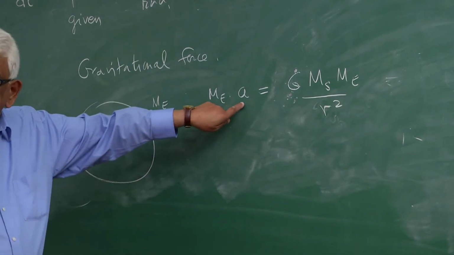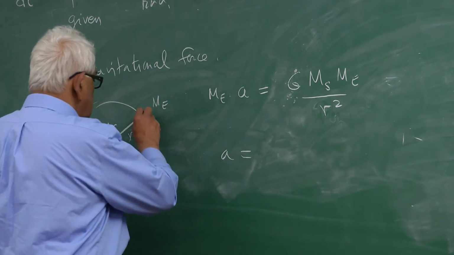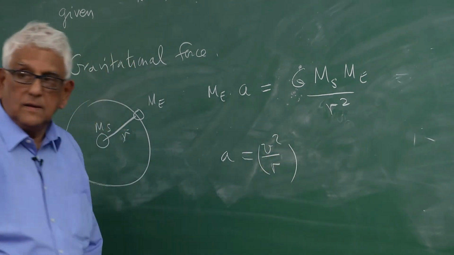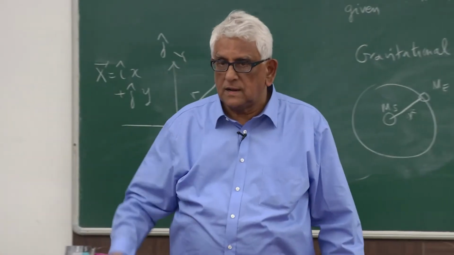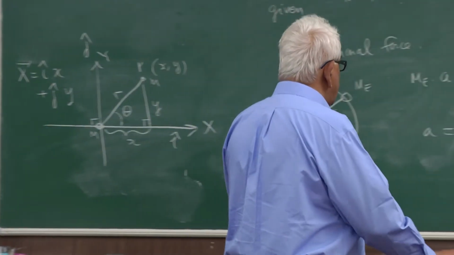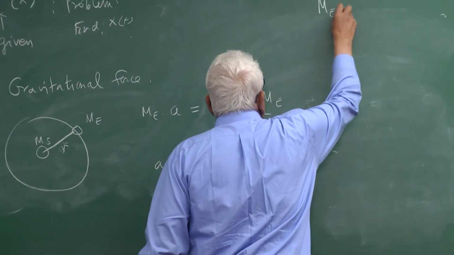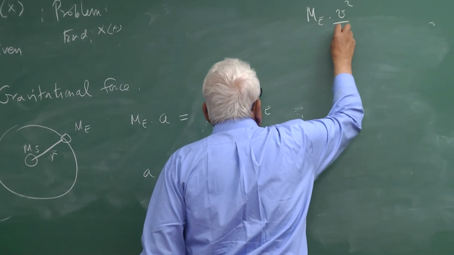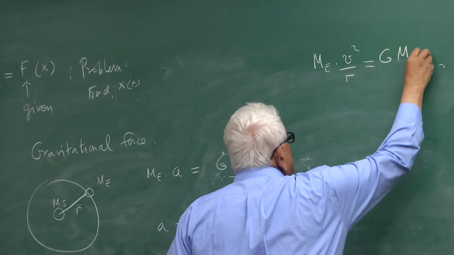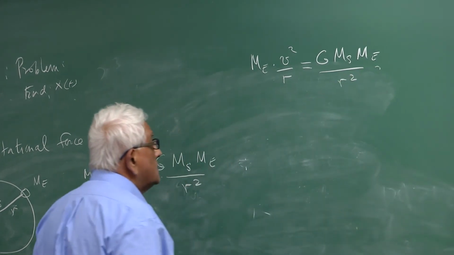So the acceleration a for something going around like this is v squared over r. So when something is going around in a circle, then that is the acceleration. So if I put that in, then I get m Earth v squared over r is equal to G m Sun m Earth over r squared, right?